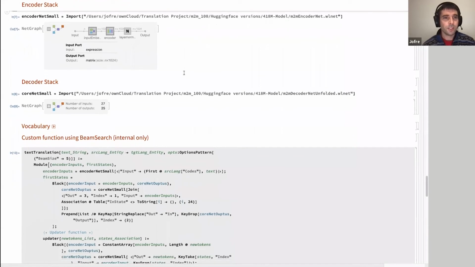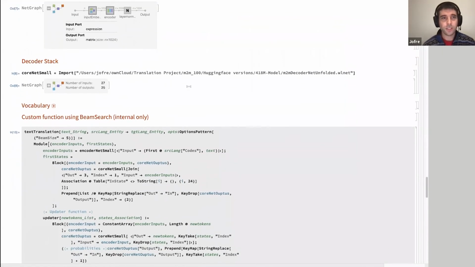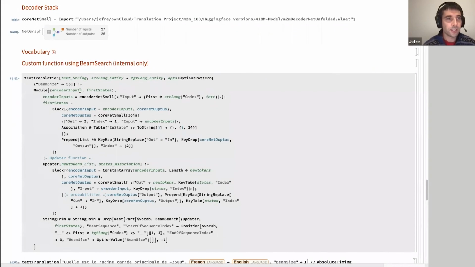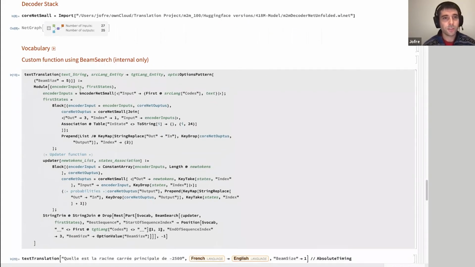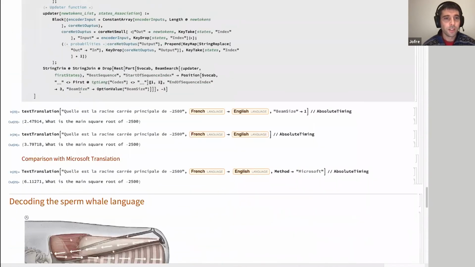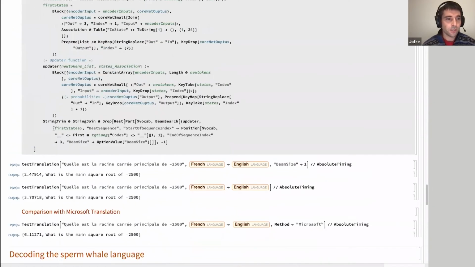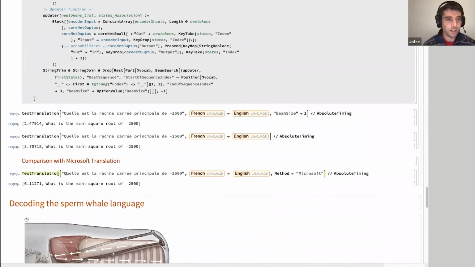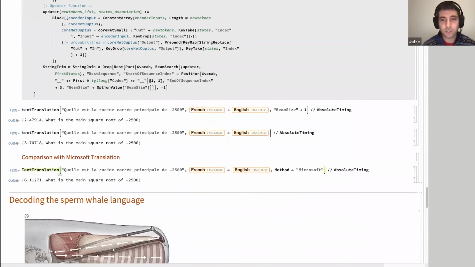And here what I'm doing is generating the text translation function using the model, and then comparing some timings with the one that we currently have built in, which uses APIs from Microsoft as well as Google, I think.